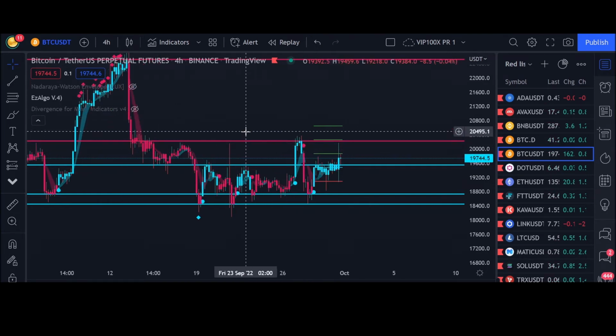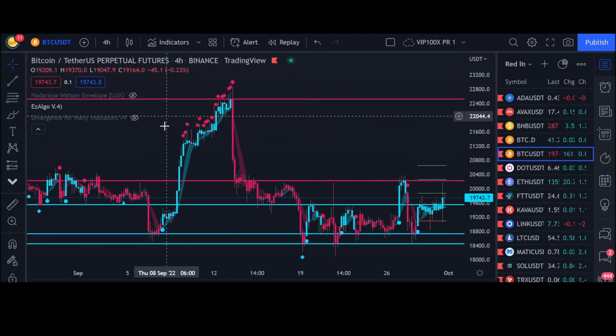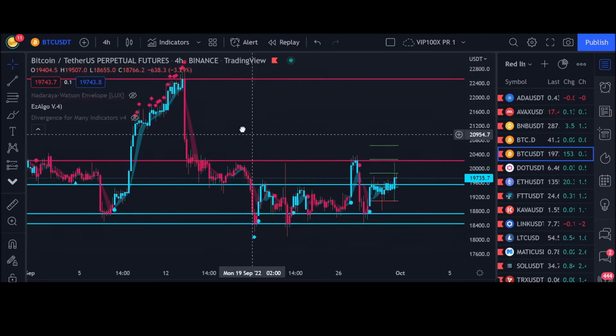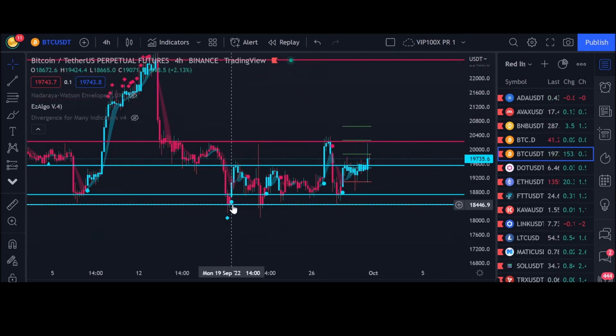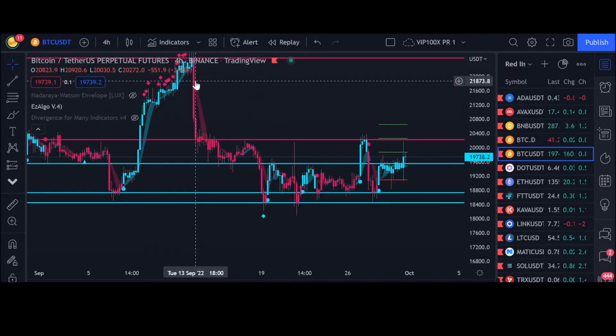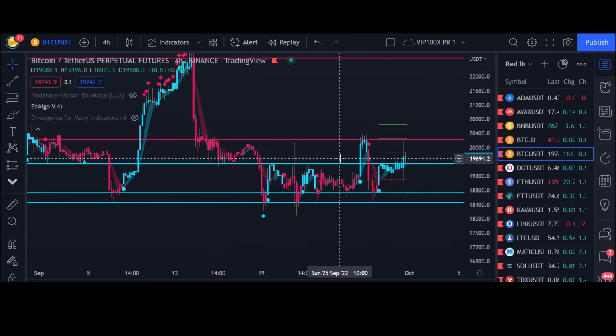Here we have some points that mark possible reversals, and in these circles are buy or sell signals that are used as confirmation. We also have the ribbon, a blue and red ribbon, also for confirmations.